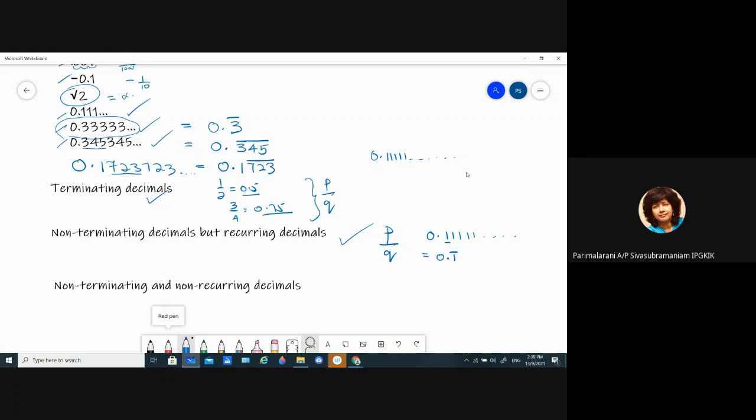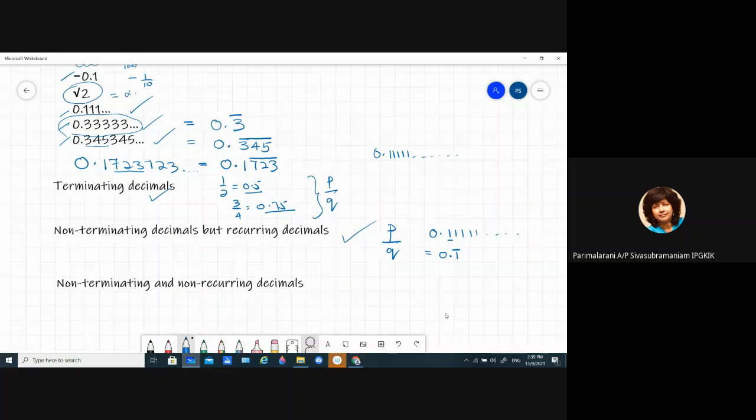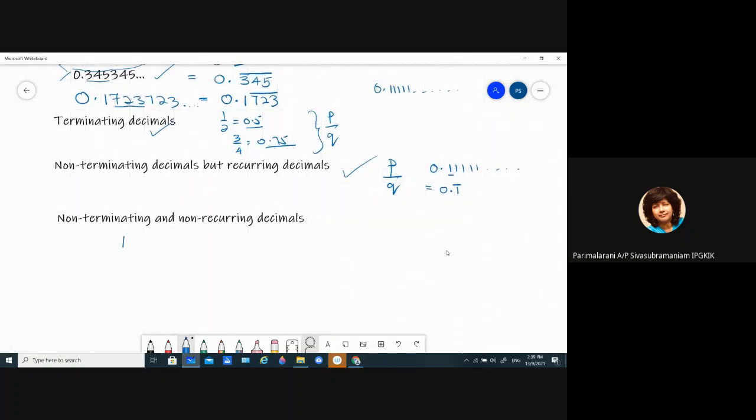Then we have non-terminating and non-recurring decimals like root 2. Root 2 is 1.41421356 and so on. It is non-terminating, but the digits don't repeat. Another number is e, which is 2.718281828 and so on. It doesn't repeat.